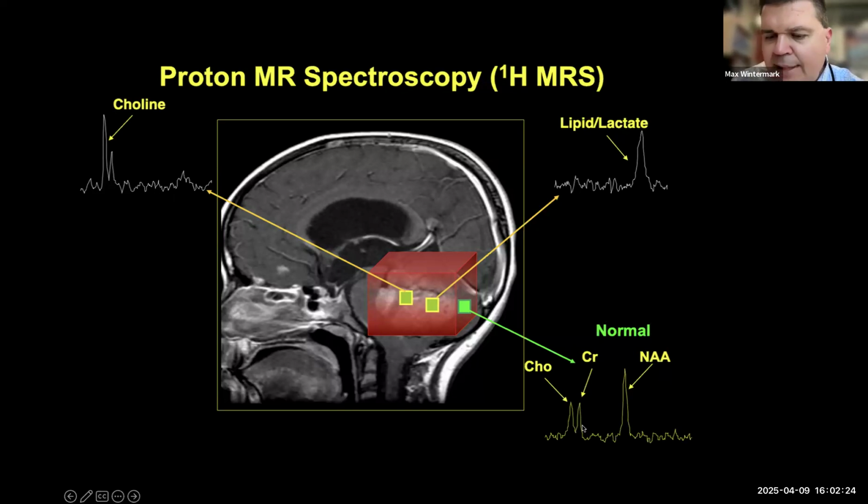So we use the creatine, again, around 3 parts per million as a reference. And typically, it's going to set the standard for all the metabolites. Again, in a normal voxel, in a normal brain tissue voxel, the NAA, the N-acetyl aspartate, which is a marker of neurons, is going to be higher than the peak of creatinine, whereas the choline is typically going to be the same, slightly above or slightly below the creatine peak.